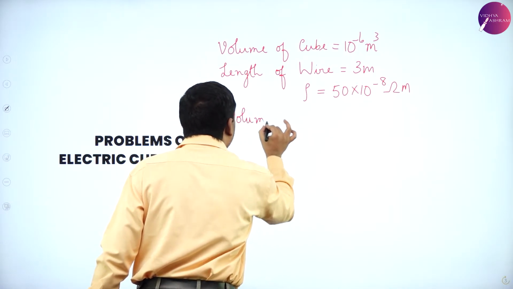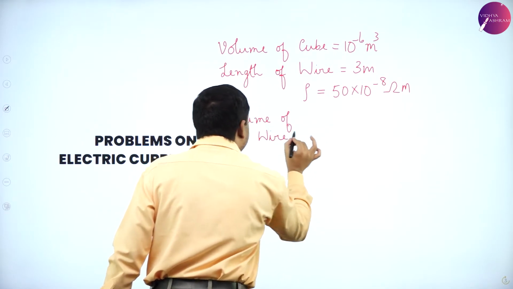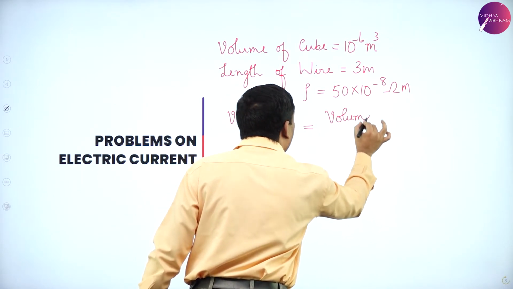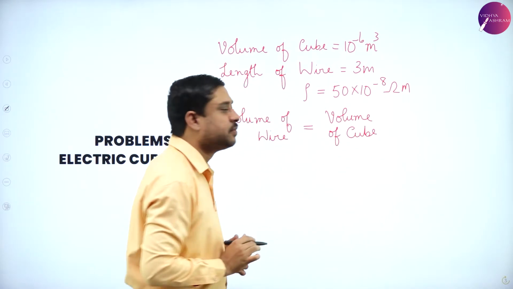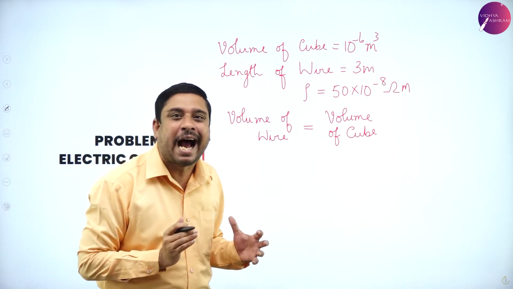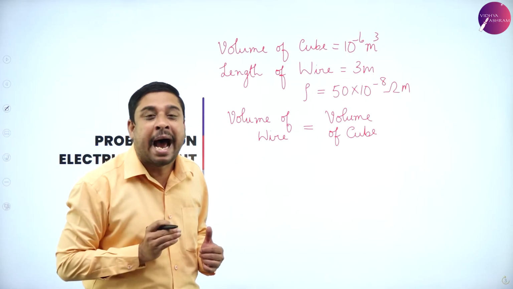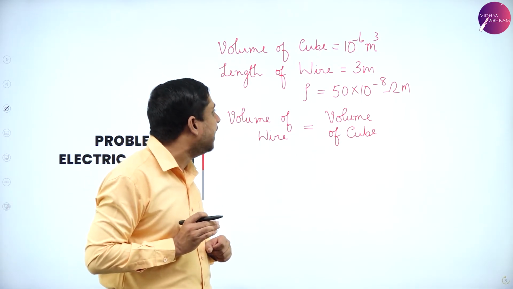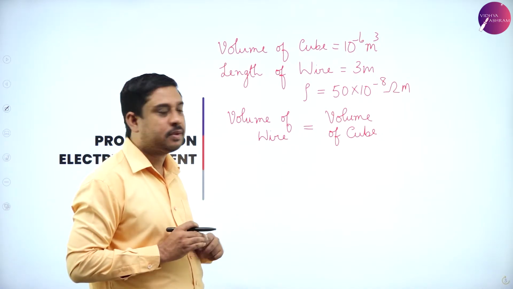Volume of the wire should be equal to volume of the cube. The cube is getting modified as a uniform wire. Its volume has to remain the same. So, volume of the wire is equal to volume of the cube.